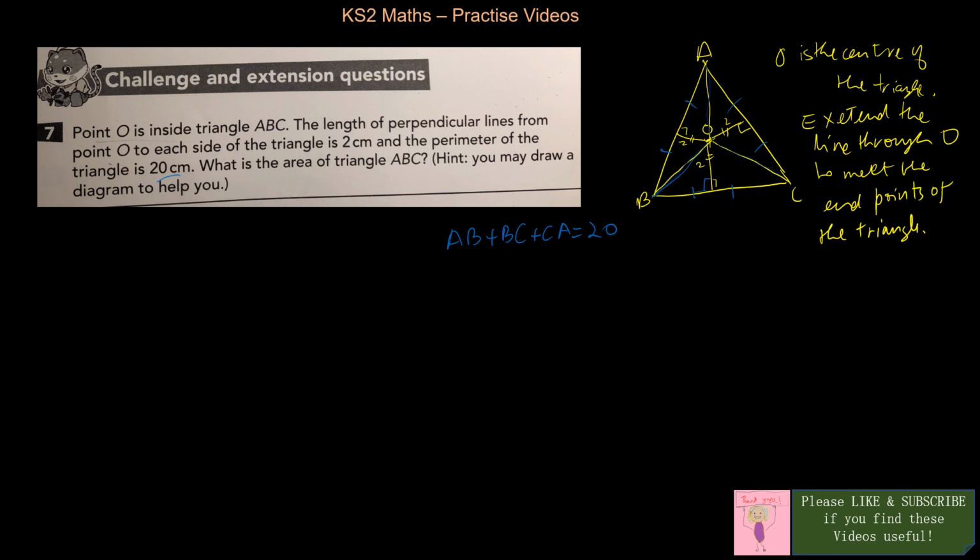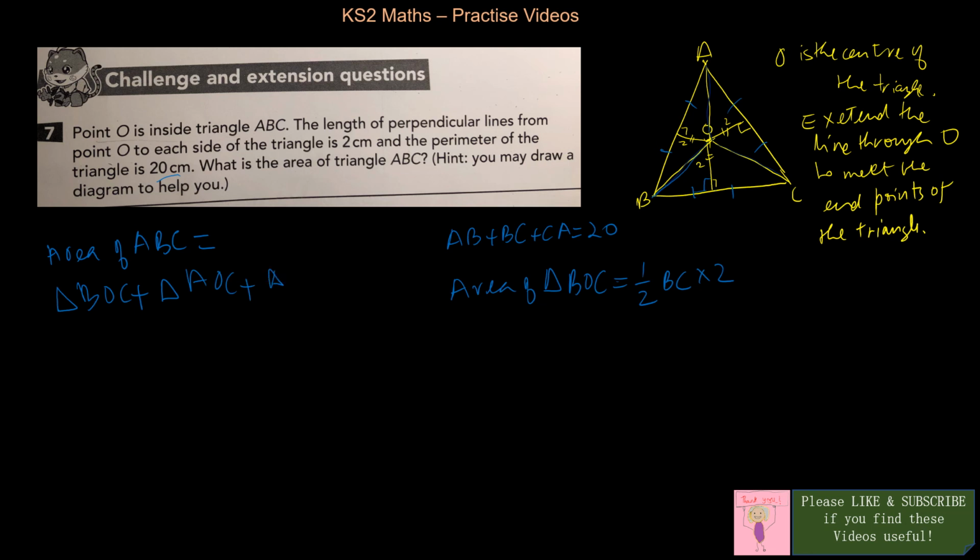If I do the area of triangle BOC, it will be half times BC times 2, because the area of the triangle ABC equals triangle BOC plus triangle AOC plus triangle AOB. So BOC is half times BC times 2.